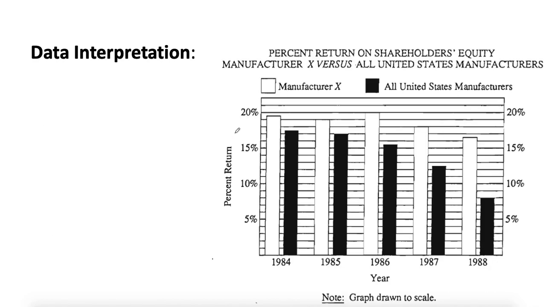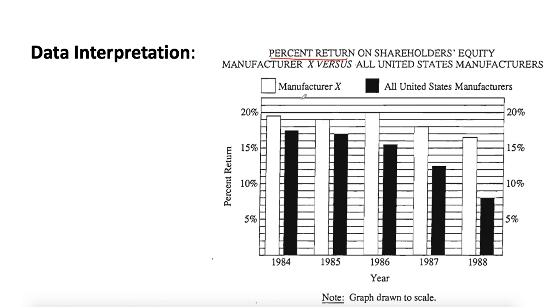Let's move further. This is the second graph, and in this question again, let's take 10 to 15 seconds to get an idea. So what is provided to us? Percent return on shareholder equity. So this is percent return, not the actual amount. Remember, ETS always traps you with changing words. ETS does this, just like the question we did last, which was about the inference: it just changed one word and the whole statement became wrong.